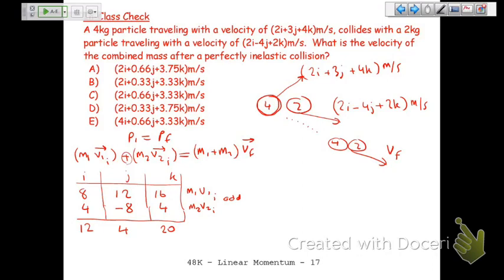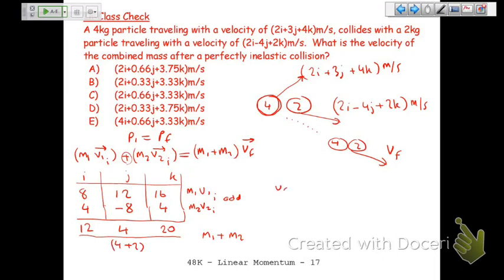And to get my V final, I've got to divide it by M1 plus M2, and that is 4 plus 2.